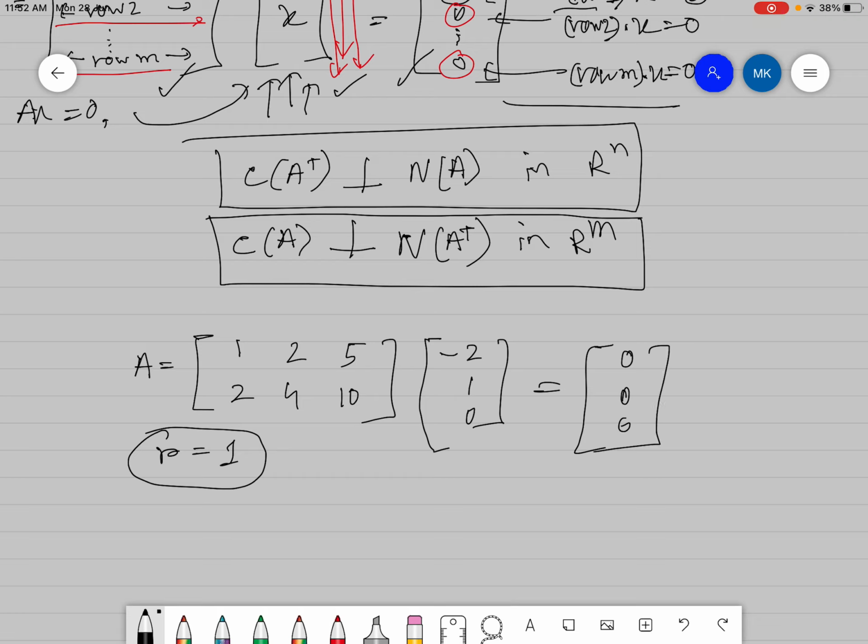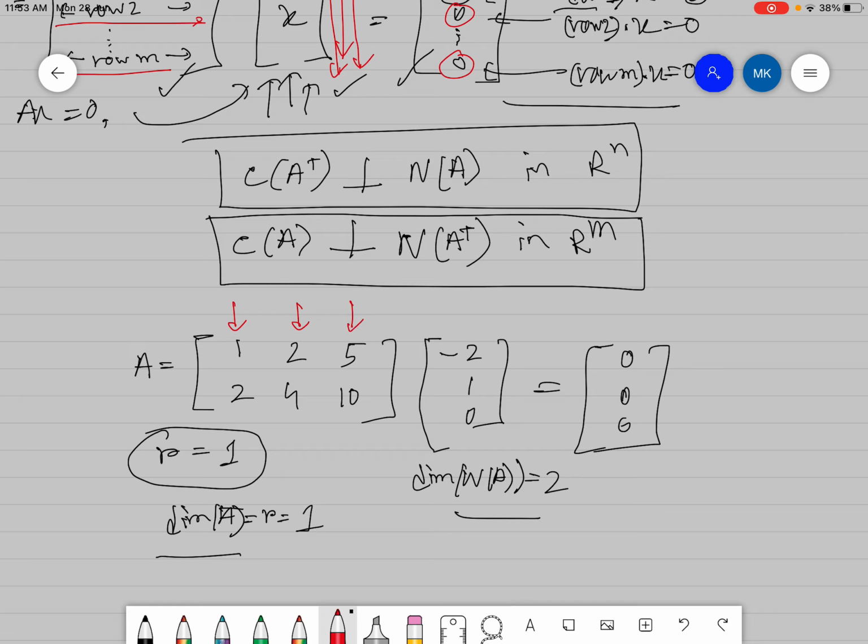The dimension of the null space of A here is 2, and the dimension of the row space of A is the rank, which is 1, right? So in which space does this orthogonality work? As you can see, there are 3 columns.